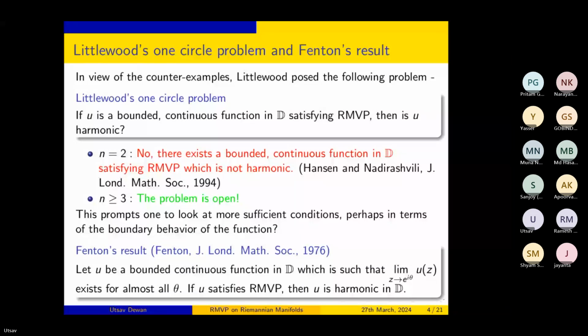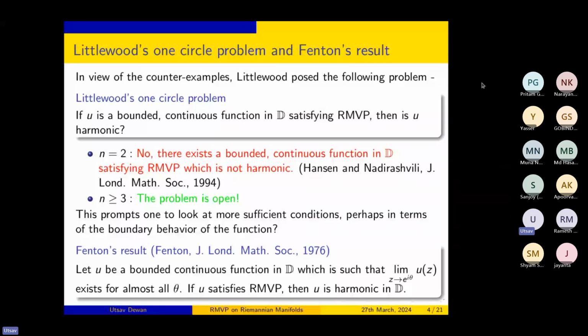H infinity of D. Okay, sorry. This is an inverse problem. Let me rephrase the problem once more, since there is some doubt. I understood now. For harmonic functions, the limit will exist. Yeah, for harmonic functions it exists. So we are trying to see that. That's okay.